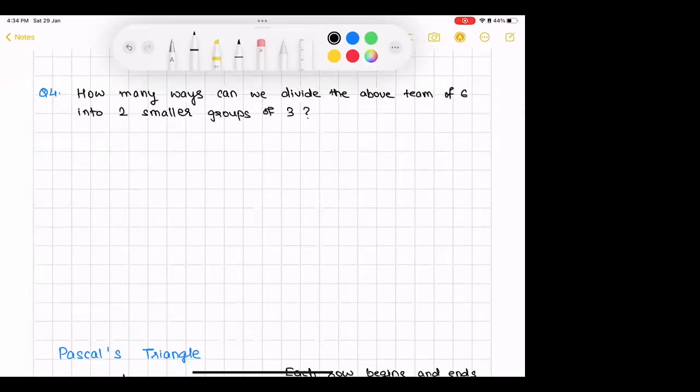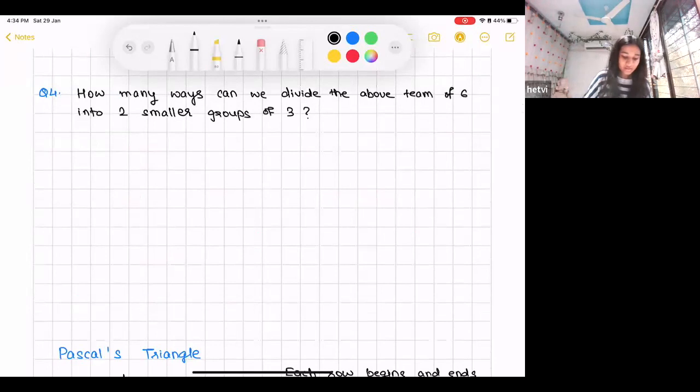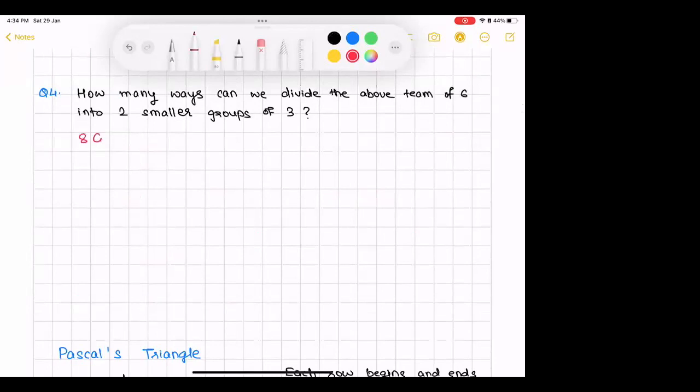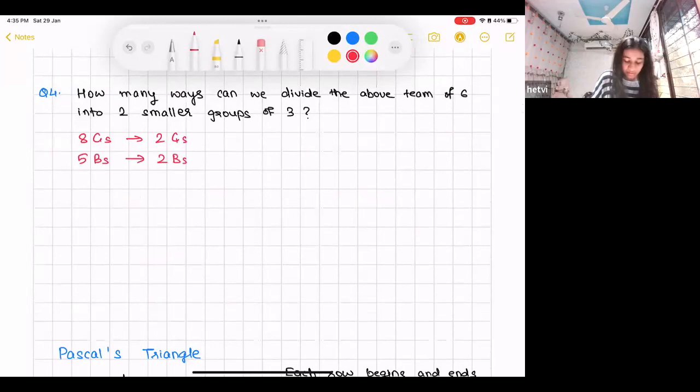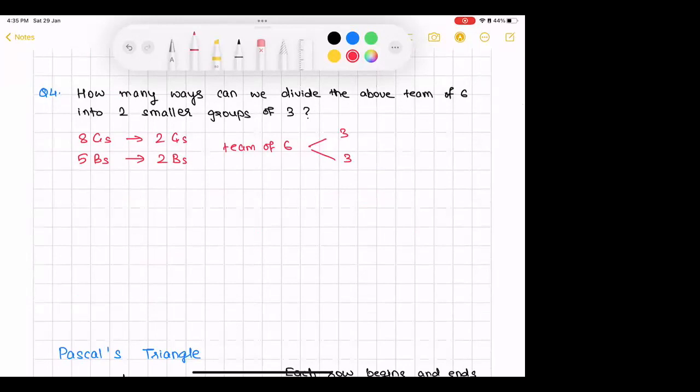So that condition is still imposed on this question. Yes. All right. So this is compulsory, and the total team is 6. The team of 6 we further divide into 3 and 3. There's no rule like in the team of 3 there should be 2 girls and 1 boy.